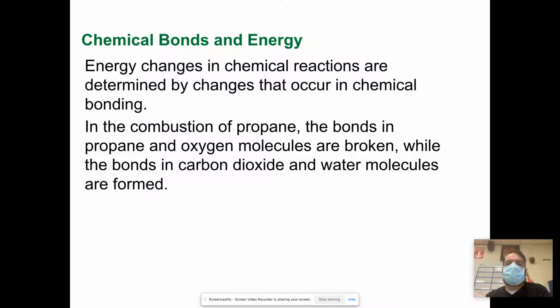Energy changes in chemical reactions are determined by the changes that occur in the chemical bonding. In the combustion of propane, the bonds in the propane and oxygen molecules are broken, while the bonds in the carbon dioxide and the water molecules are formed.